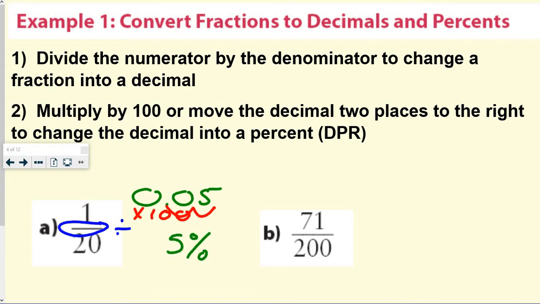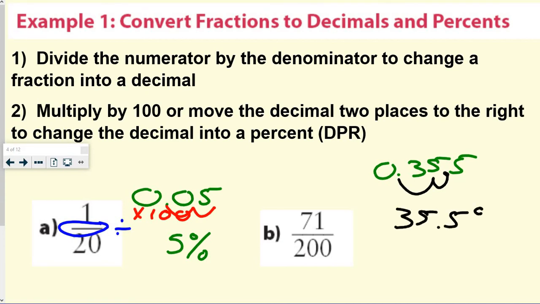So we know that 1/20th equals 5%. 71 divided by 200 equals 0.355 as a decimal. When we multiply that by 100, we move it over 2 spots, and we get 35.5%.